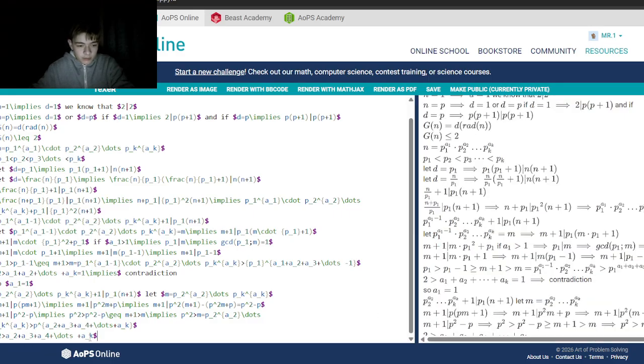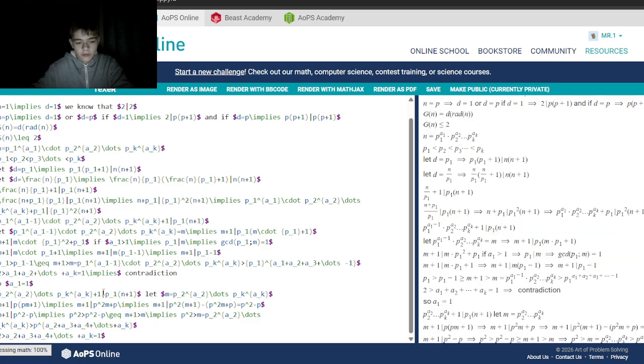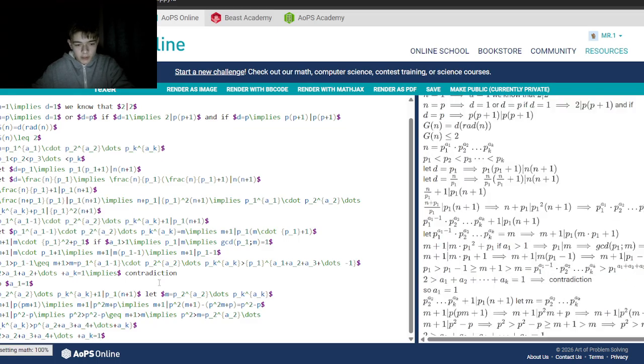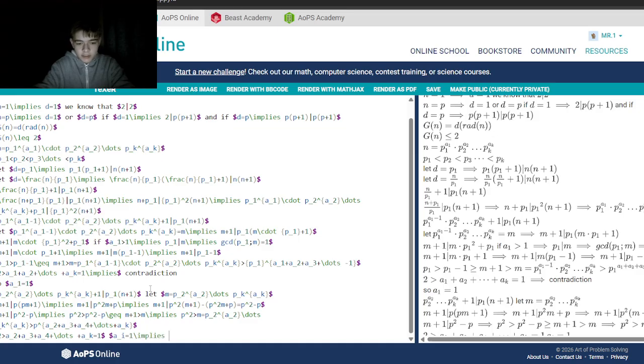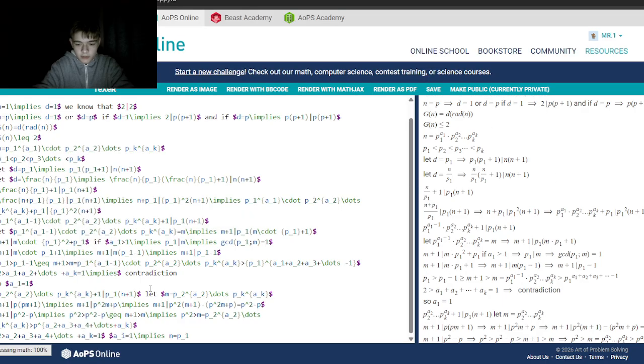And we know that this is greater than 0, so this should be equal to 1, which means that there exists only one integer e such that ae is equal to 1, and this implies that n is equal to p1 times pe.